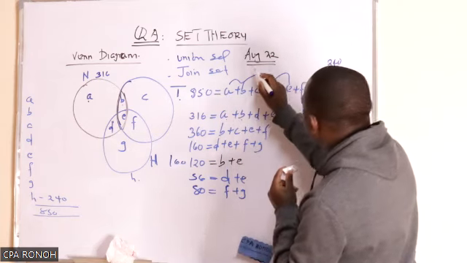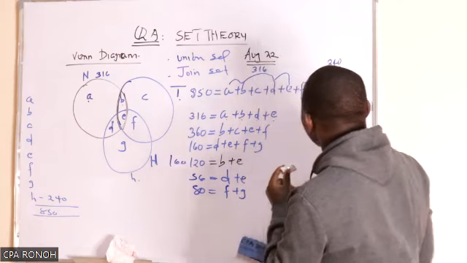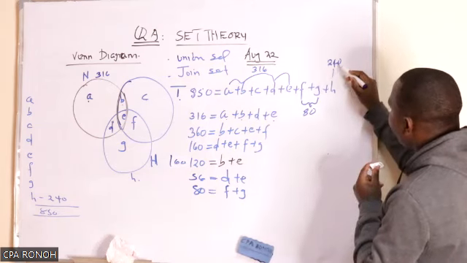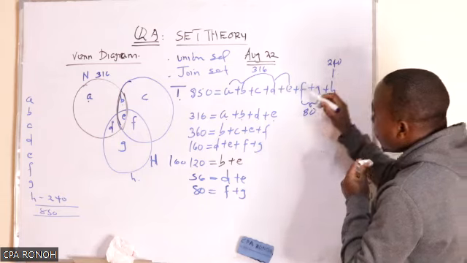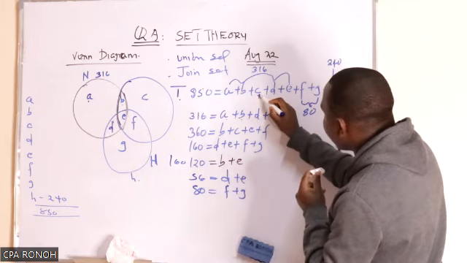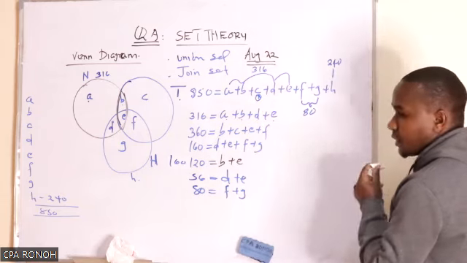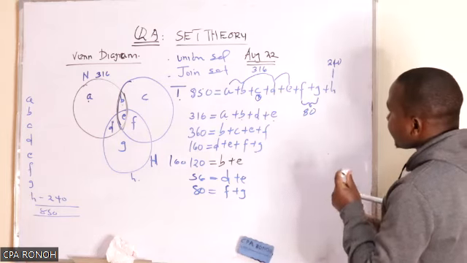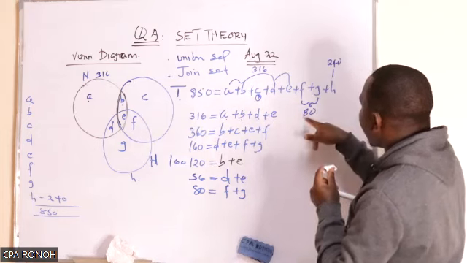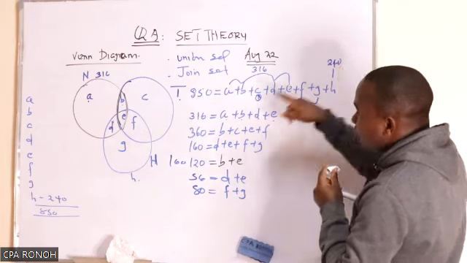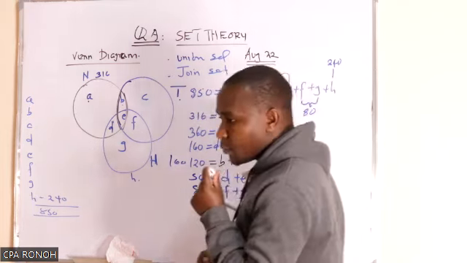ABDE is 316, and we have H being 240. So we can get this unknown number C. So you will take 850 minus 316 minus 80 minus 240, and we get the value of C.